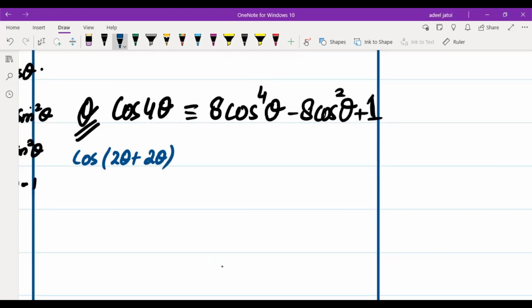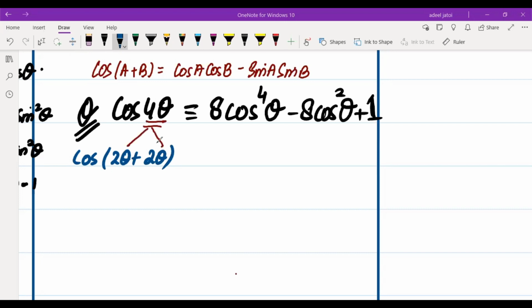And normally cos(A plus B) is cos A cos B minus sin A sin B. This is a general identity of compound angle identities, which can be used because 4 theta has been shifted to what? 2 theta and 2 theta.